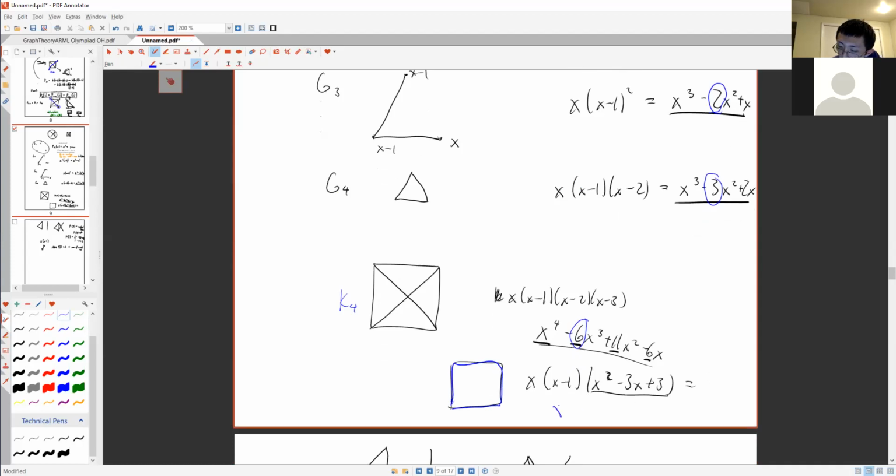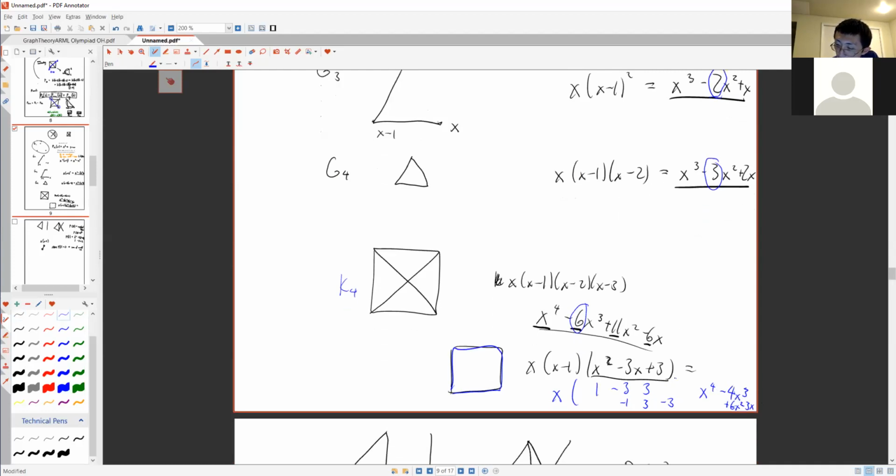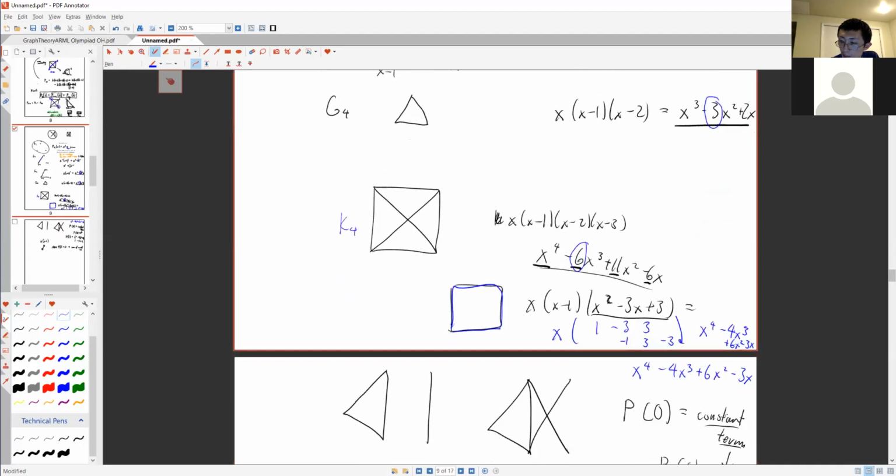If I multiply this out, I'll get something like x to the 4th minus 4x cubed plus 6x squared minus 3x. So this thing becomes this thing. So yeah, 4 edges, we have a -4 here.